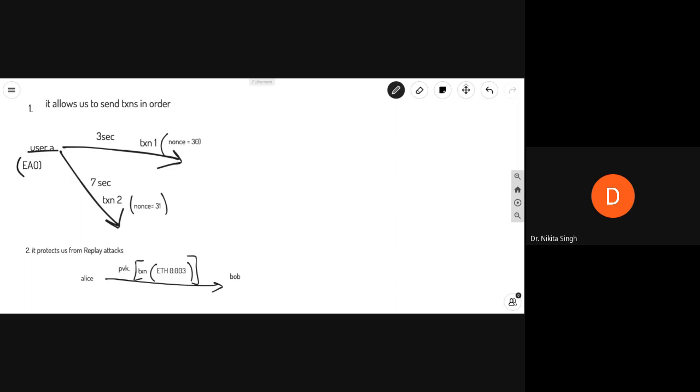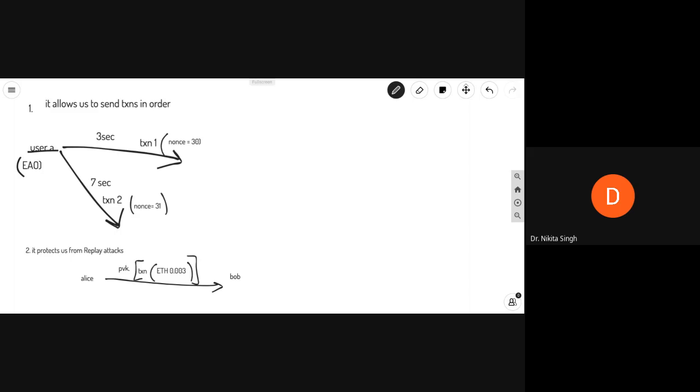Now, without the nonce, Bob could copy this signed transaction and keep propagating it until Alice loses all her money. That is, Bob may keep on using this. Alice is only trying to send 0.003 ether.